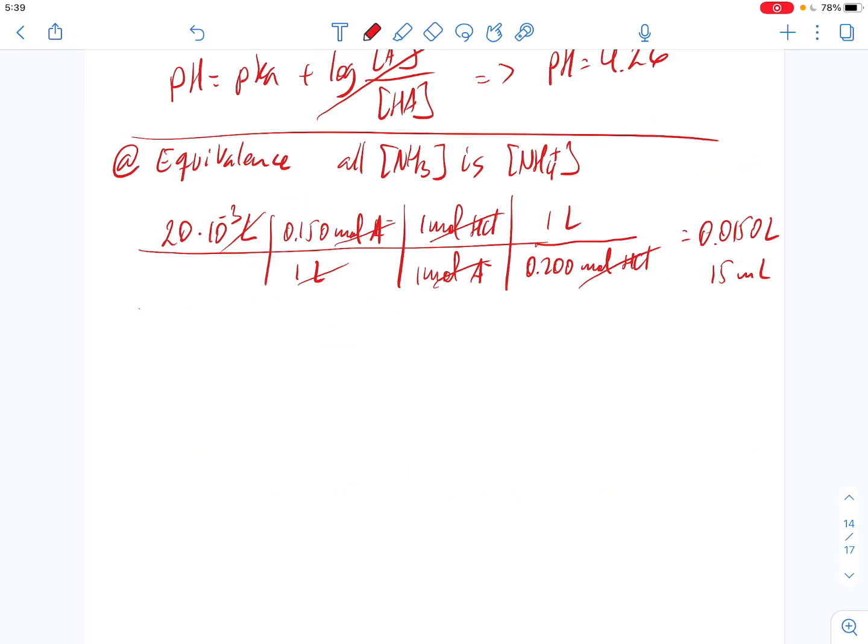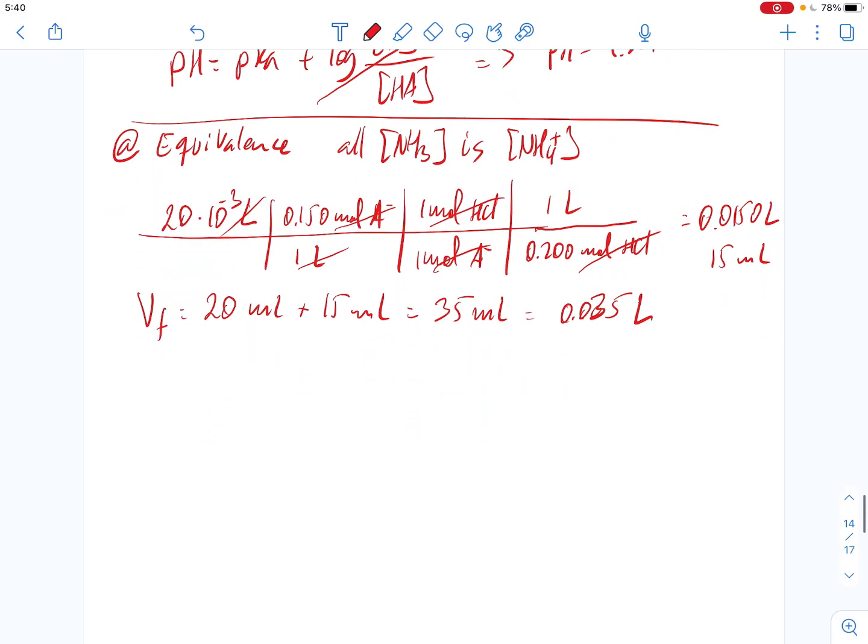That means your final volume is 20 milliliters plus 15 milliliters equal 35, which is 0.035 liters. How much ammonia do you have to begin with?